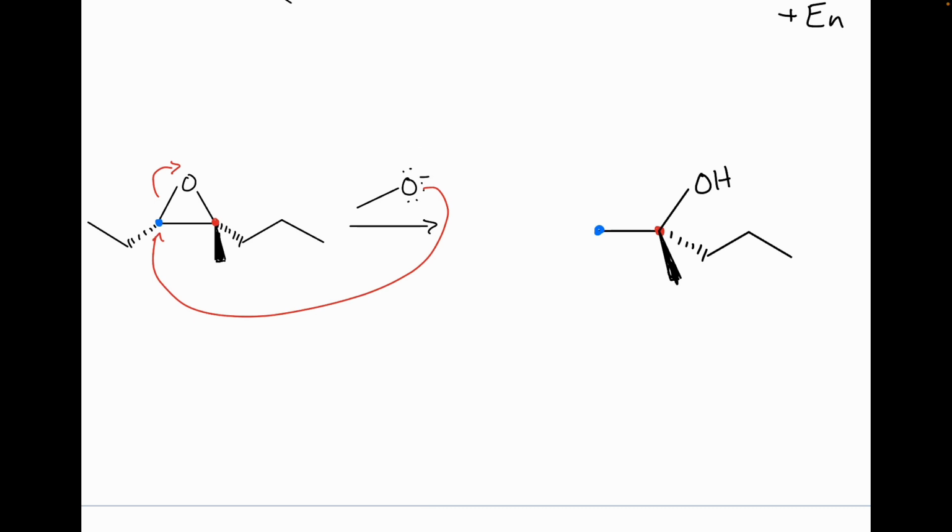And now I have my new alkoxide group, my new ether group here. So your two functional groups you're going to keep in this sawhorse fashion, all on your straight lines. You're showing the stereochemistry of the other groups coming off of there. And since that ethyl group on the blue carbon was on a dashed bond before, it's going to stay on a dashed bond. It's just going to be pointed in a different direction.